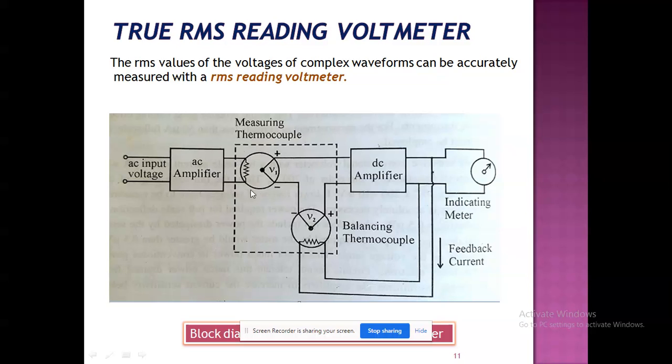But there is one drawback with this technique. That is, the thermocouple is often non-linear in its nature. This difficulty is overcome by connecting another thermocouple known as the balancing thermocouple.